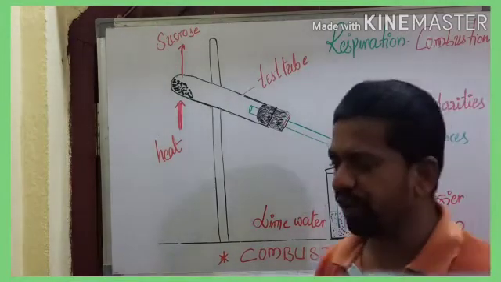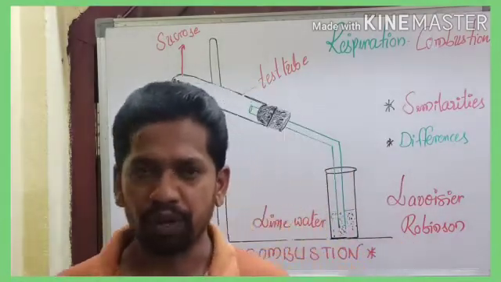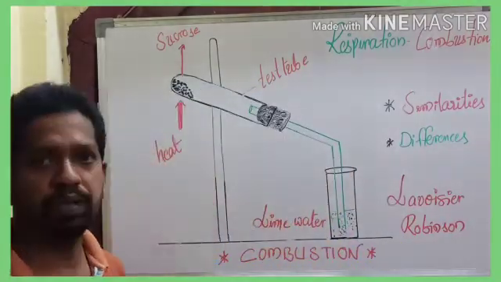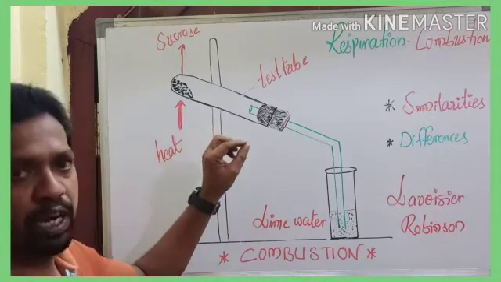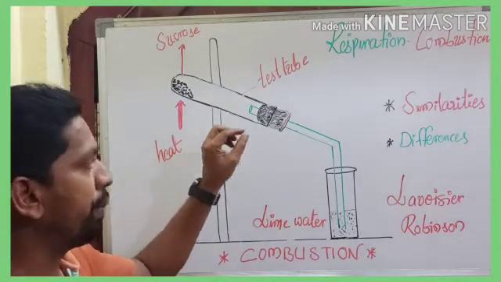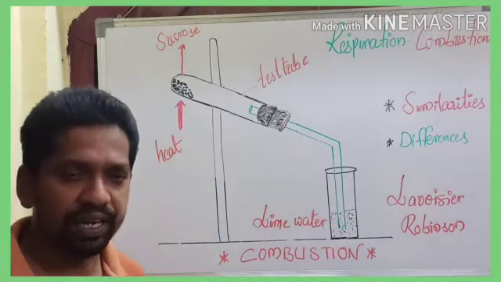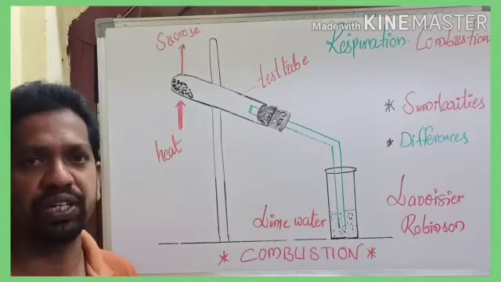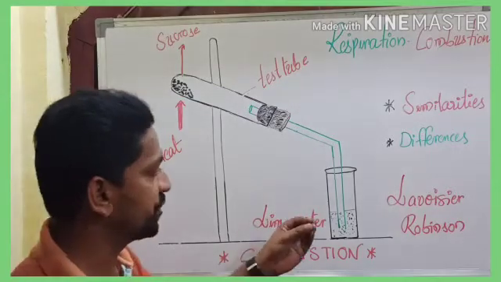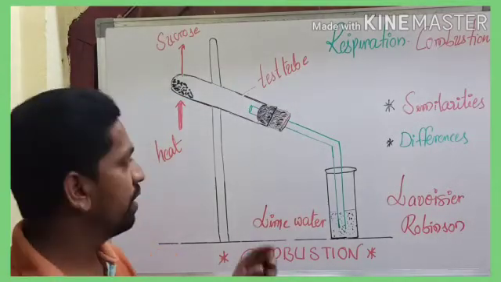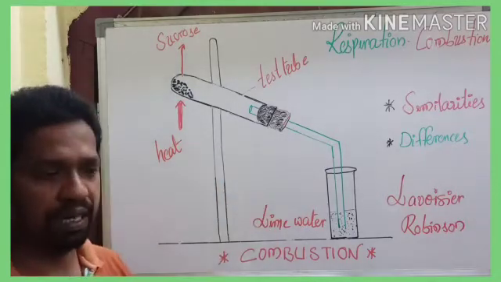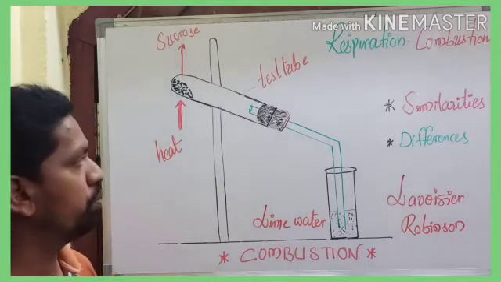Procedure: first take some sugar in a test tube, then close it with a single-hole rubber cork. Then take some calcium hydroxide lime water in the second test tube. Now connect these two with a delivery tube.